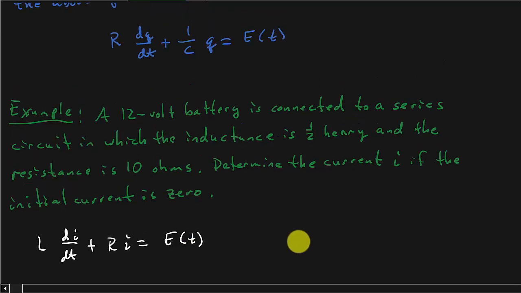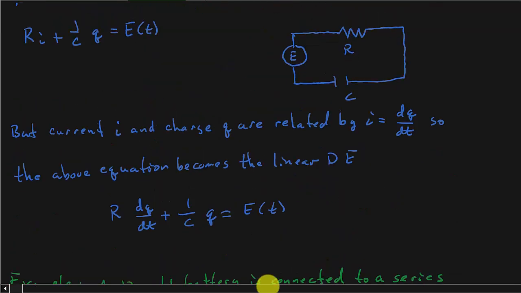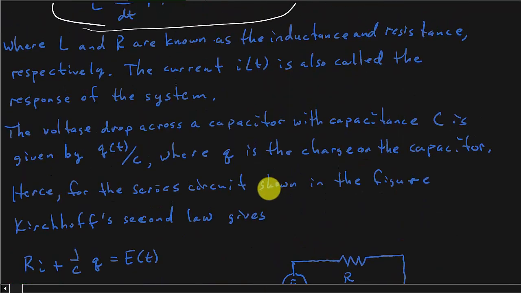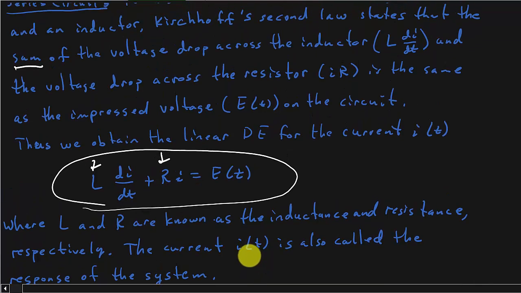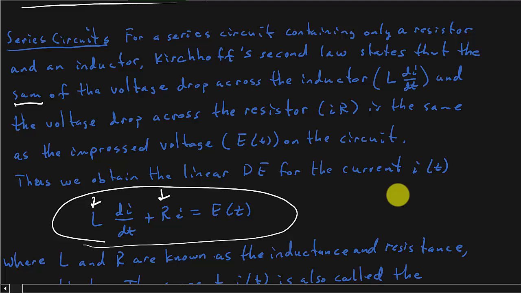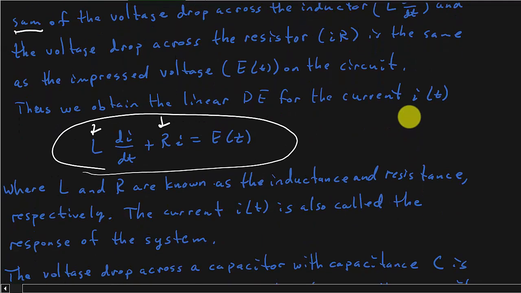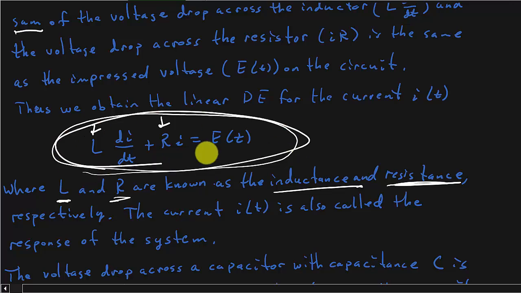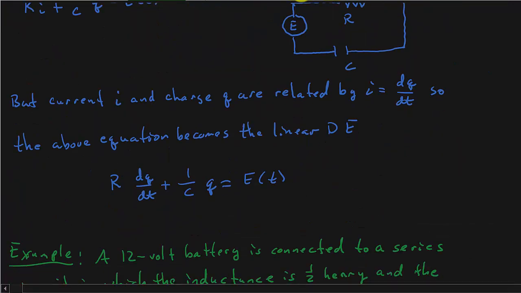Notice in this one they give me the inductance and the resistance. That's all they give me. Where I've got L the inductance and R the resistance, that's what they give me. I'm going to use that equation.